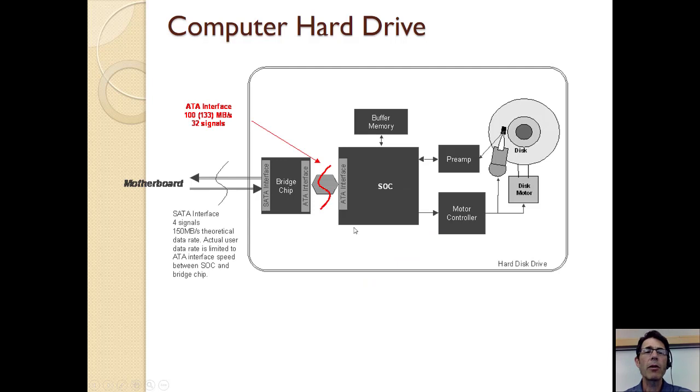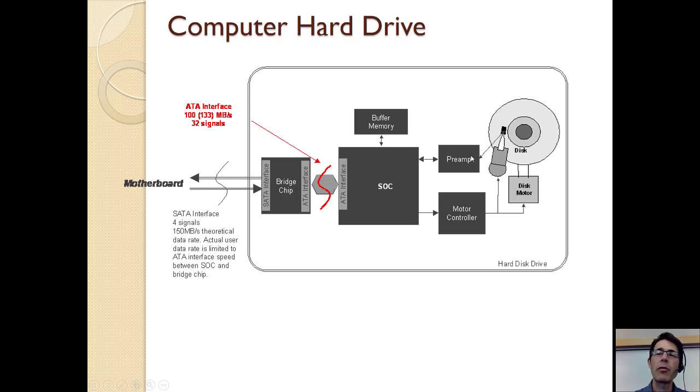So in the block diagram, we can see the two motors that are controlled here and the motor controller electronics back here. There's also some signal amplification. The magnetic read head produces a very tiny signal to pick up those ones and zeros, and also to write new ones and zeros on the disk.